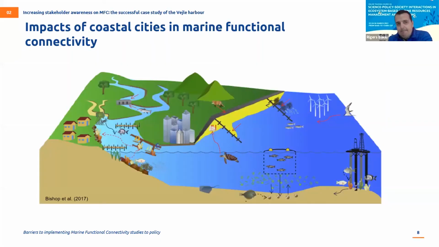So we know that coastal cities, just to put it into the context of marine functional connectivity, have a lot of problems because we use artificial structures that work as barriers for the species. As in Maria's talk on Monday, the species need free movement in the water and between the river and coastal water, for instance, to reproduce and to feed.